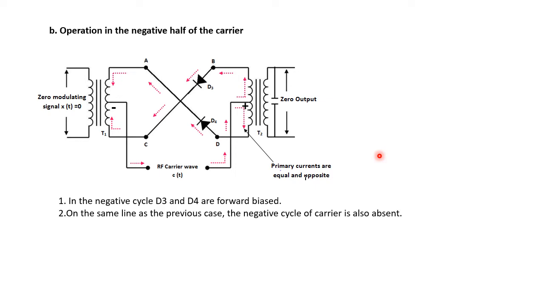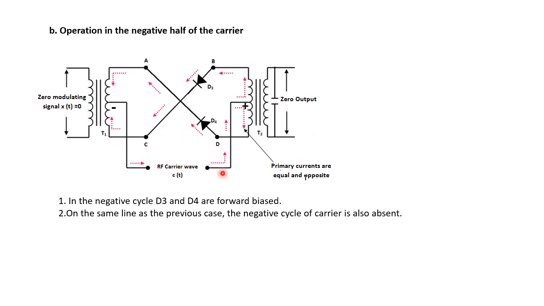Hence we can say that, as in the previous case, for the negative half cycle of the carrier wave, again the output voltage will be 0. Or we can say in conclusion that if the modulating signal is absent, then the carrier wave is not capable of producing any voltage at the output, or the pure carrier component is absent in the output of this kind of modulator.